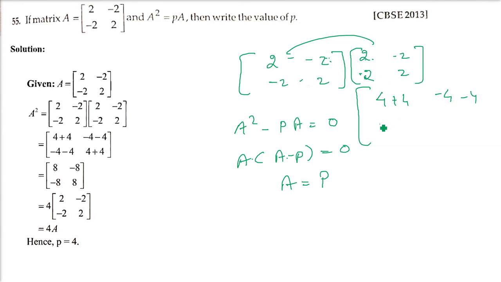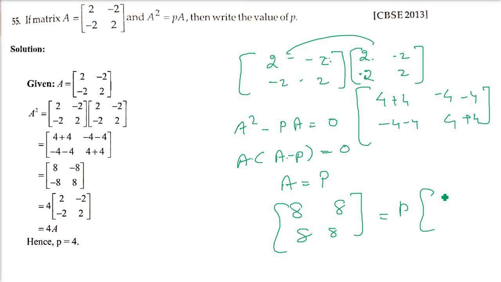Minus 2 times minus 2 is 4, 2 times 2 is 4. So this is going to be 8, negative 8, 8. I'm writing 8 but it is negative also. So the multiplication is simply 4 into something. 4 into 2 will be 8. So P is 4. Okay. So it is negative 8 and negative 8. I have not written it.